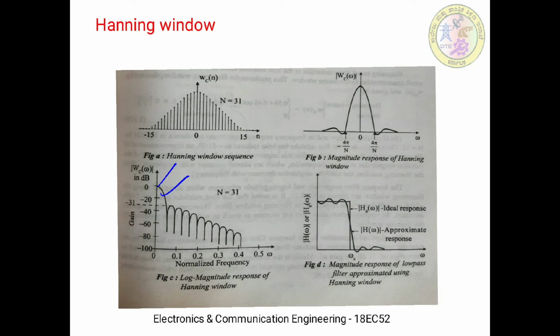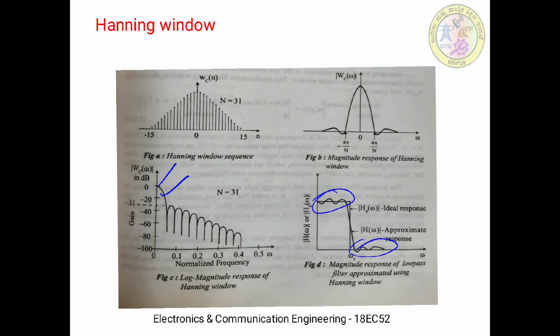Also observe figure D here. It shows the magnitude response of a low pass filter approximation done using the Hanning window. Here we can see some ripples, as well as the stop band features, which are slightly different from those of the previous window.